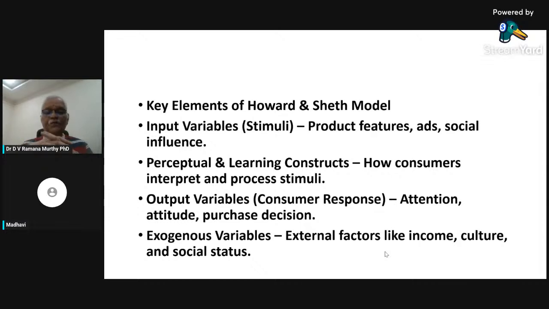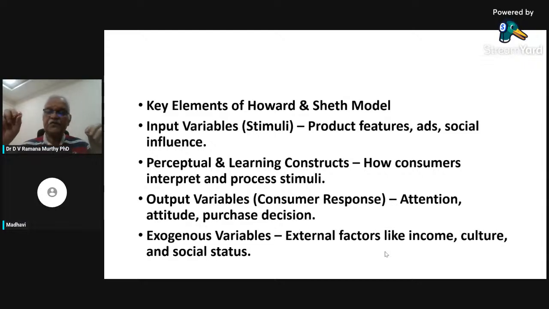Fourth one is output variables. This is where we are interested. The ultimate thing is how consumers respond. This is what we call consumer response. That means whether the product information presented gets the customers' attention, because there is clutter in the market, with a lot of noise made by manufacturers of X, Y, Z, A, B, C products and services.